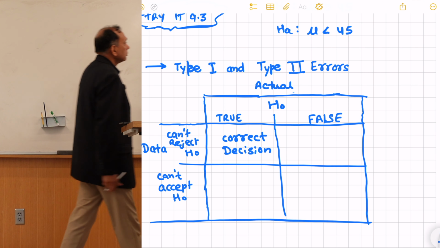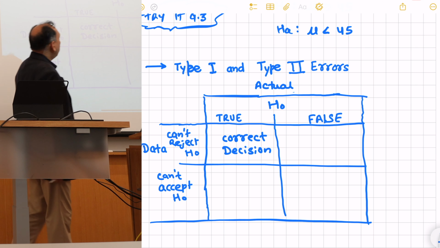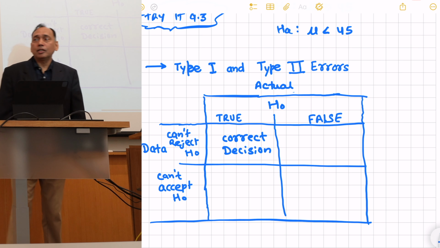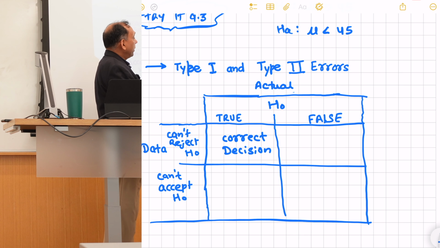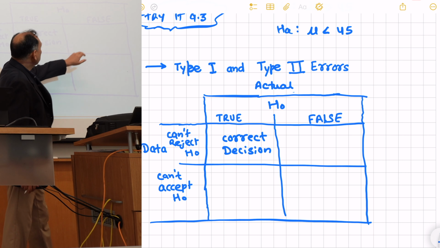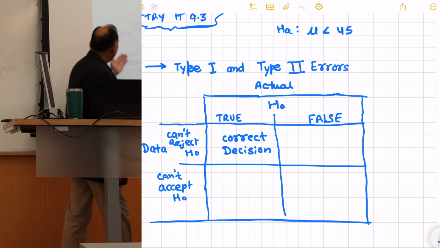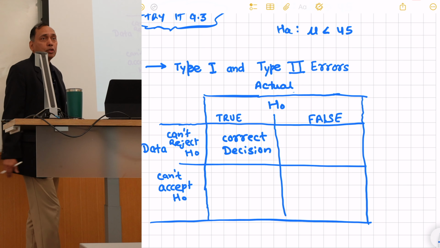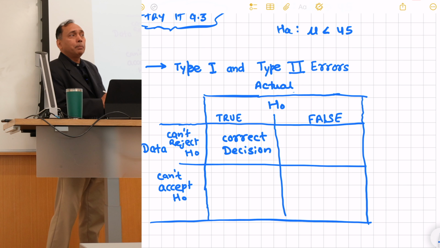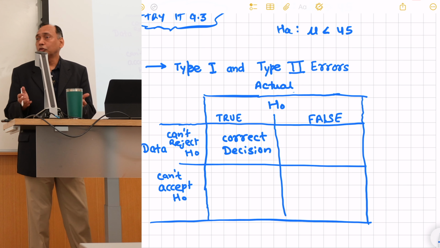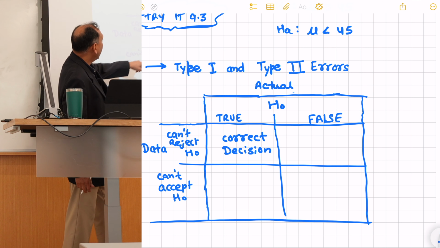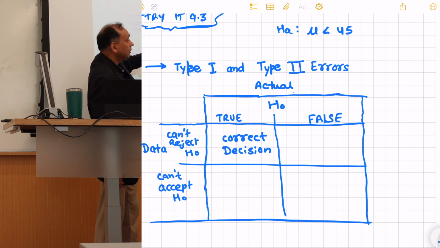Similarly, if your null hypothesis actually is false, say the reality is that they prefer chocolates, and you collect data, you ask like 50 students, and you find that majority of them like chocolate bars, you cannot accept HO, you cannot accept that claim.